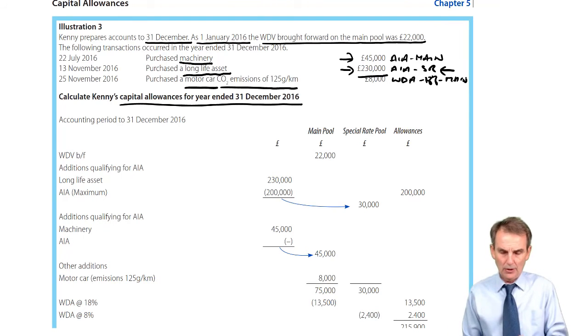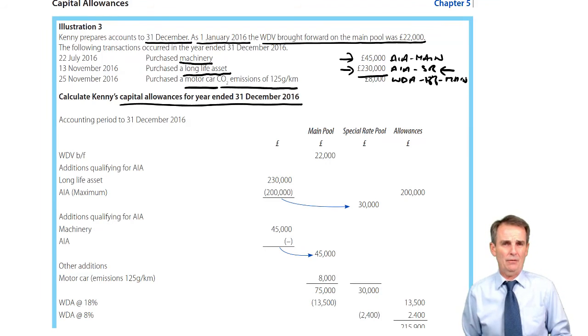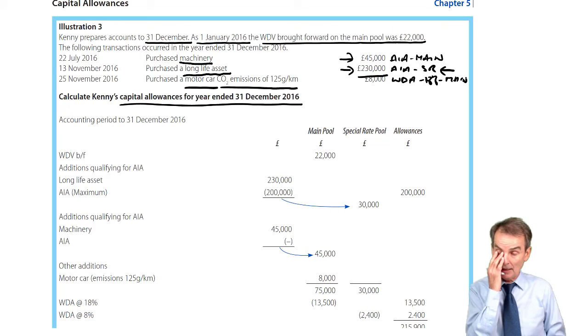We look at the requirements, and then as we read through the question with those requirements in mind, we are able to make these notes on our computation. Just like in chapter 4, with adjustment of profits, you read through the statement of profit or loss.